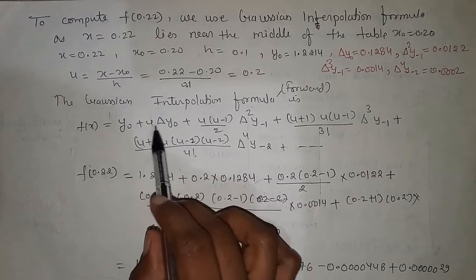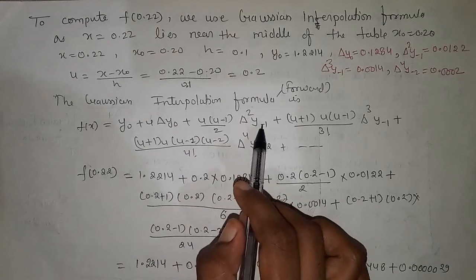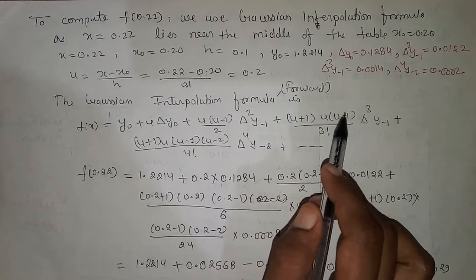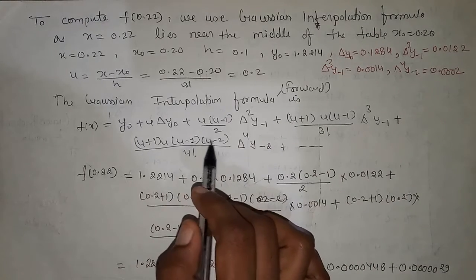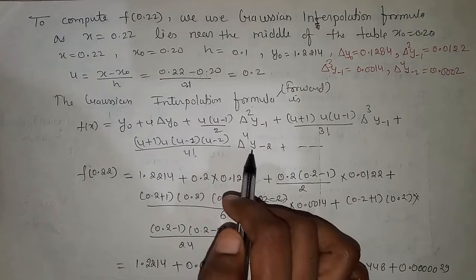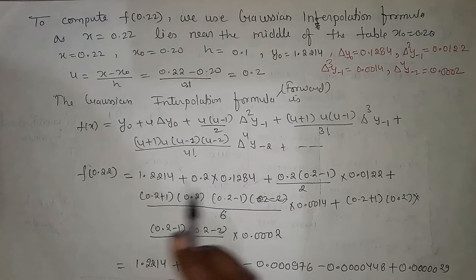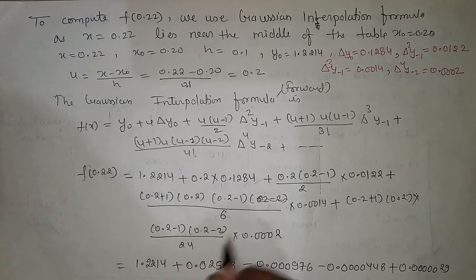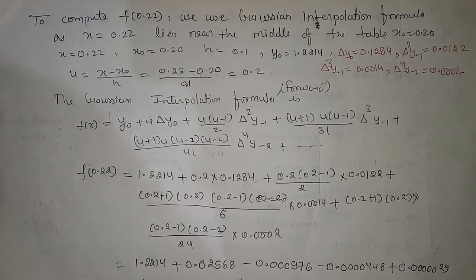So y0 plus u into delta y0, plus u into u minus 1 upon 2 factorial, delta square y minus 1, plus u minus 1, u, u plus 1 upon 3 factorial, delta cube y minus 1, plus u minus 1, u minus 2, u, u plus 1 upon 4 factorial, delta raised to 4 y minus 2, plus and so on. Here I have put in all the values, and on calculating this we get the answer as 1.2461. So this is how we can solve the question using the Gauss forward interpolation formula.